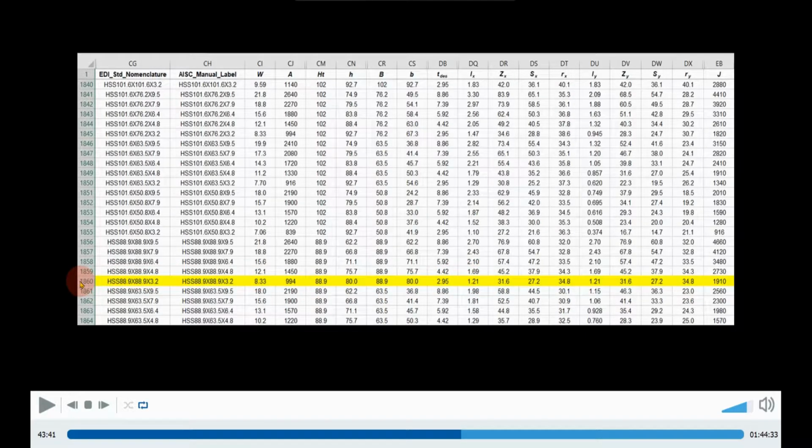And since it is equivalent to our required moment of inertia, we will use this section. And here are the geometric properties for HSS 88.9 by 88.9 by 3.2. So copying the geometric properties, we're now able to continue the process.